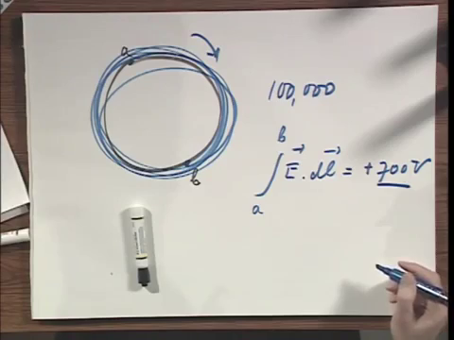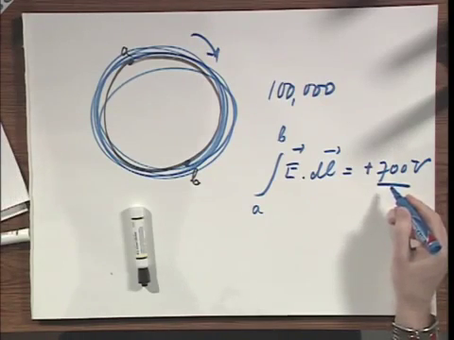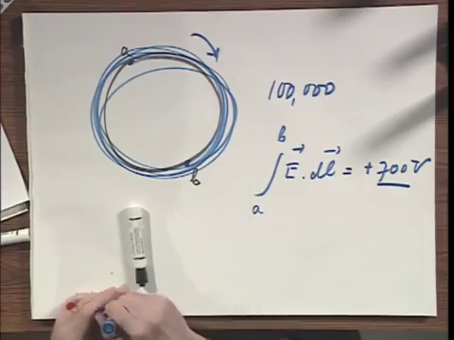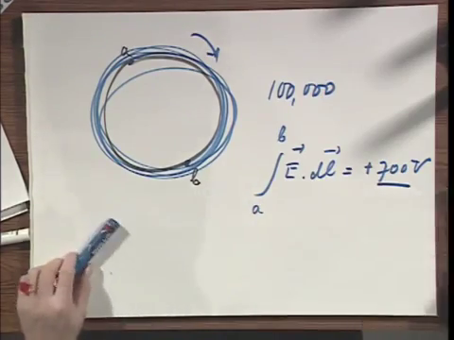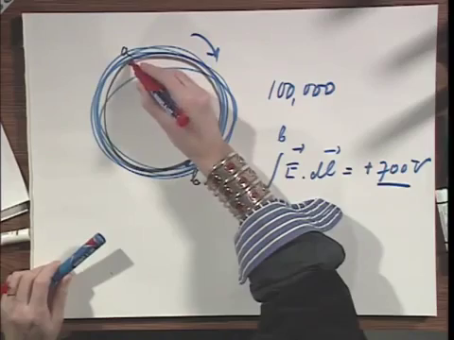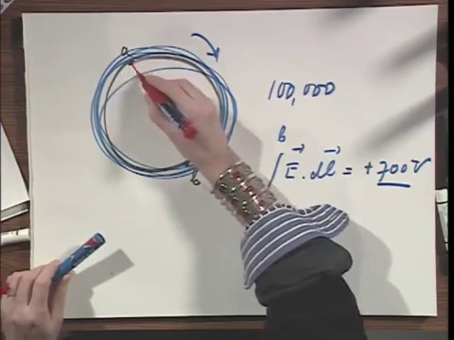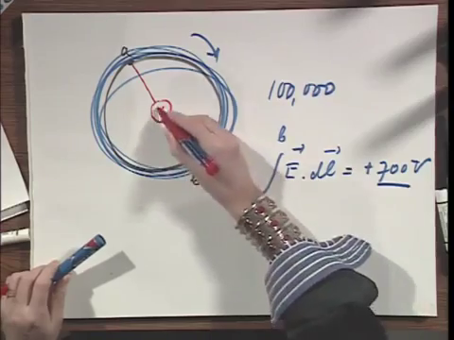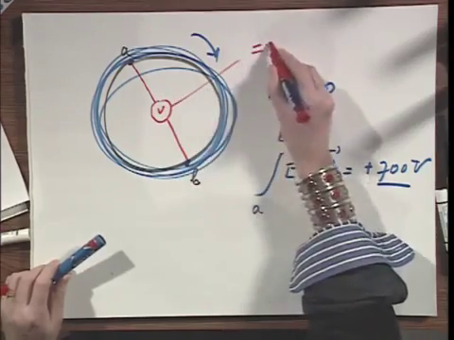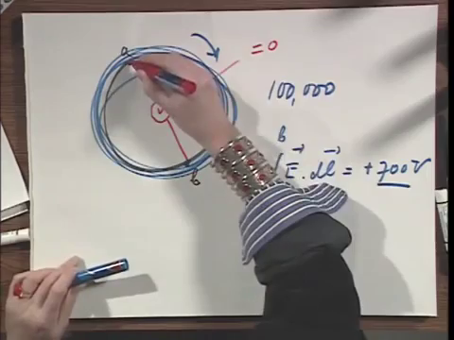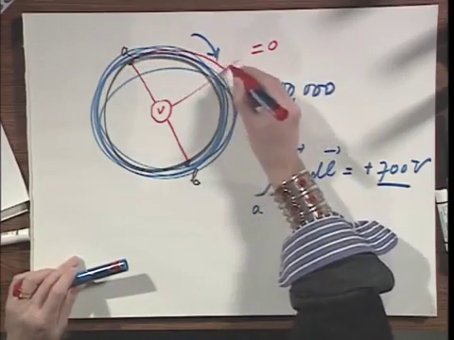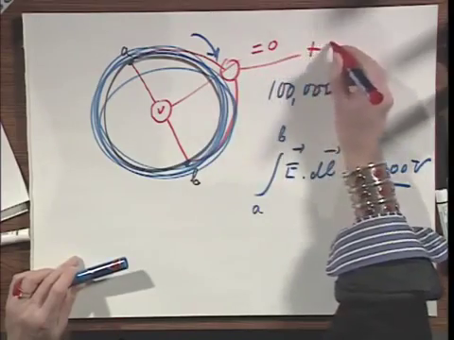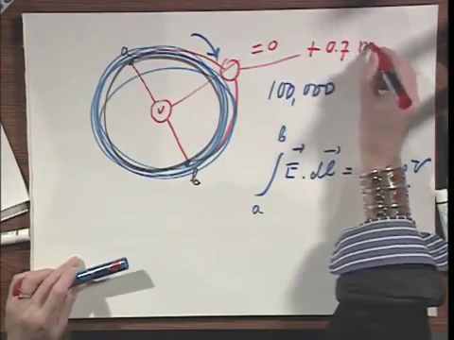Now, how real is this 700 volts? Can you actually measure these voltages? And the answer is yes. If, for instance, in my previous example, if I had a wire here, and I had a voltmeter here, straight through the middle, this voltmeter would read 0. If I had a wire here, and a voltmeter here, and attach it here, this voltmeter would read plus 0.7 millivolts.